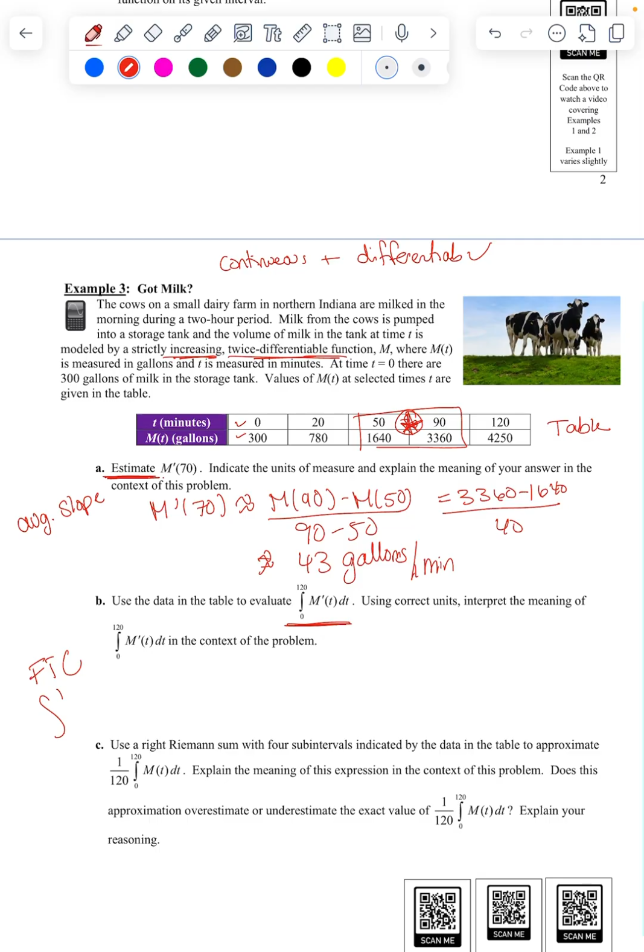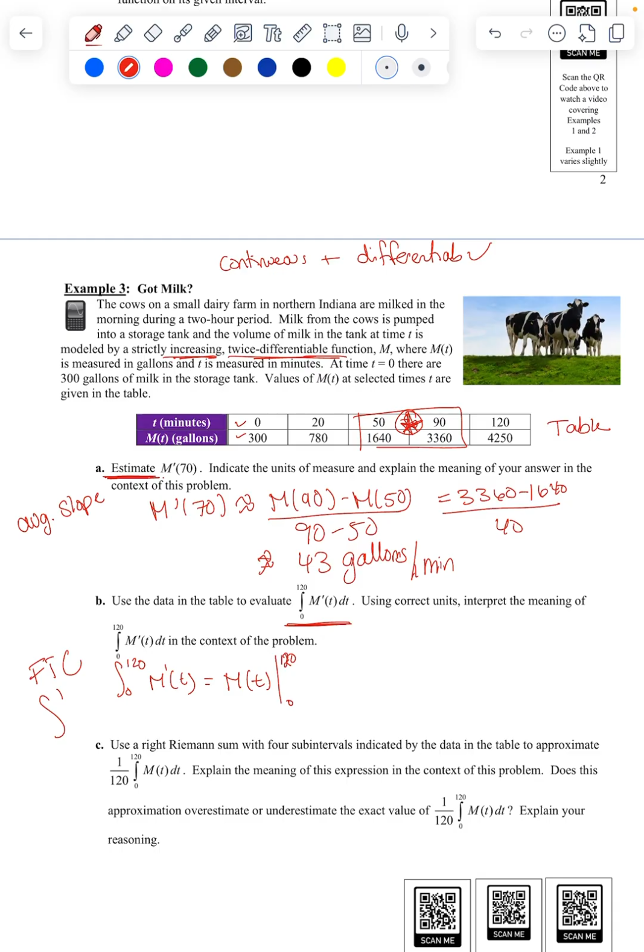So using correct units, interpret the meaning. Well, the integral of the derivative is just going to be m of t from 120 to 0. Now this is a little different than the FTC, where you have x. So we're not just plugging in x.